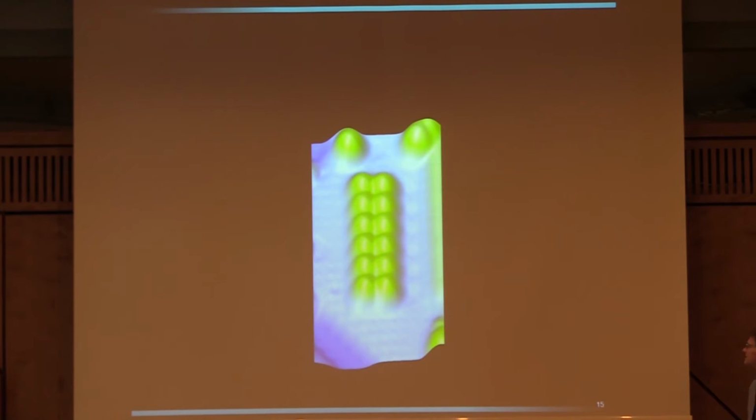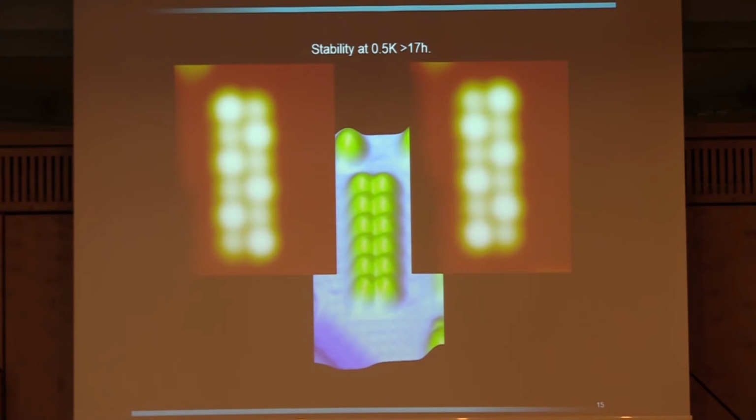Let's go to the other side. This is just a different image of one of the bigger structures. It contains 12 iron atoms, 2 rows of 6 iron atoms. As I showed you already, this structure has 2 stable magnetic states. In one, you see the atoms are big, small, small, big. Then you can switch it, for example, by moving the tip and using the exchange field, to another state: small, large, large, small.